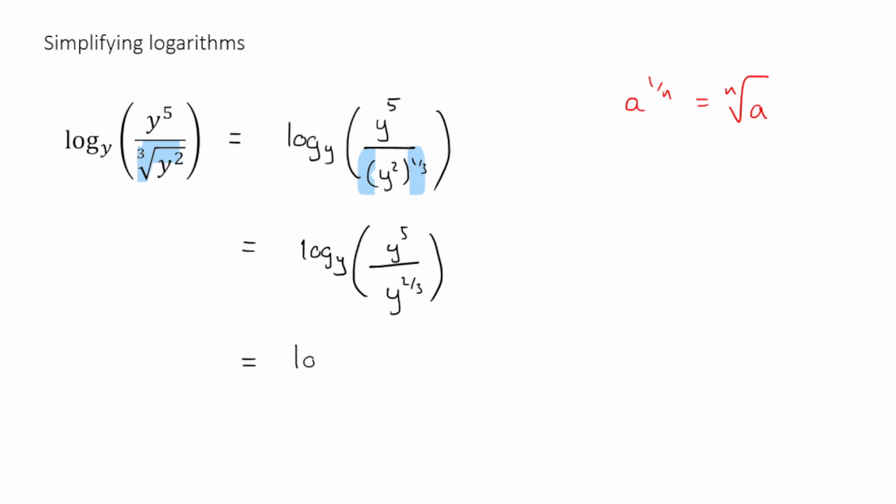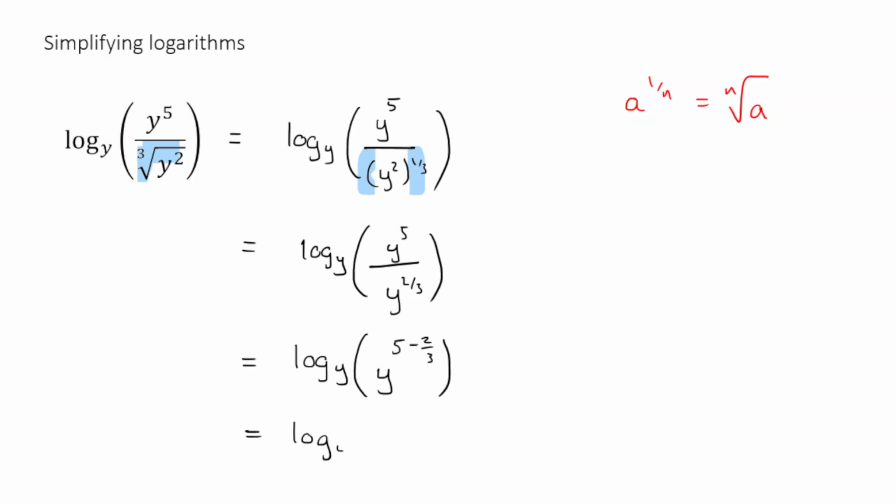Then lastly, if I have y to the power of 5 divided by y to the power of 2/3, then I've got to subtract those powers. I get y to the power of 5 minus 2/3. And we may ask ourselves, what is y to the power of 5 minus 2/3? Well, it'll be y to the power of 4 1/3. I'll leave you to check that by yourself.